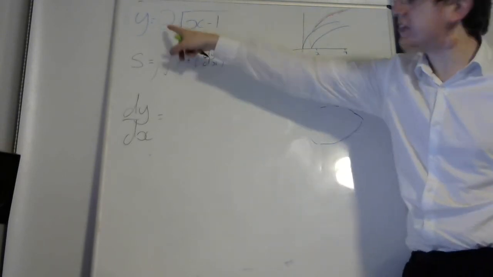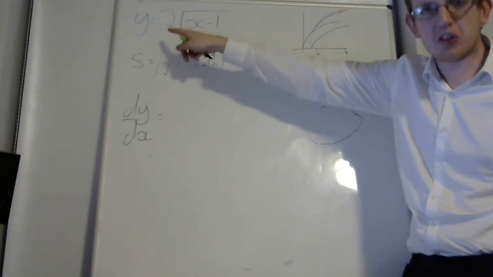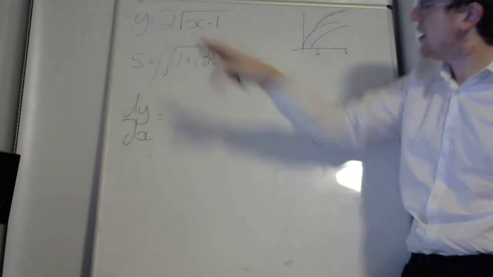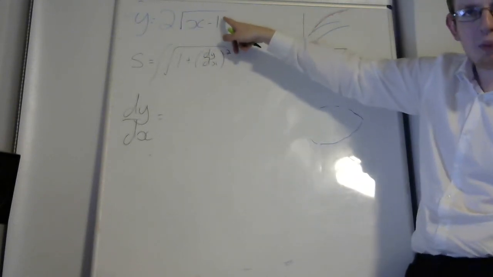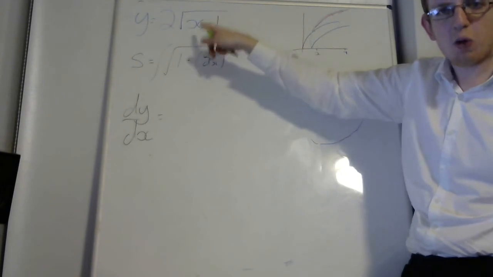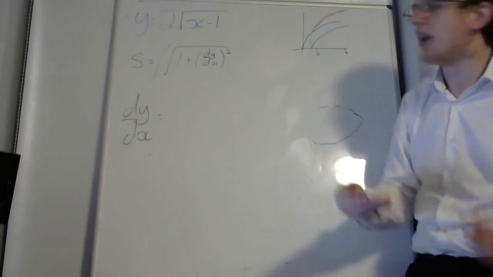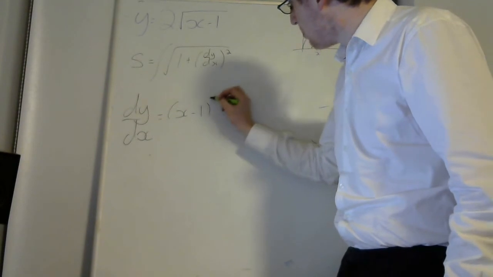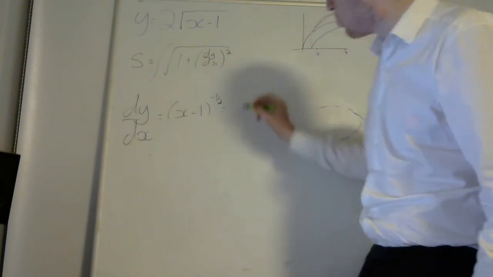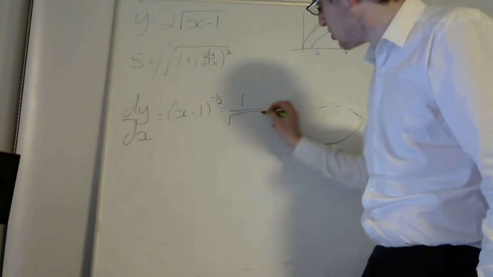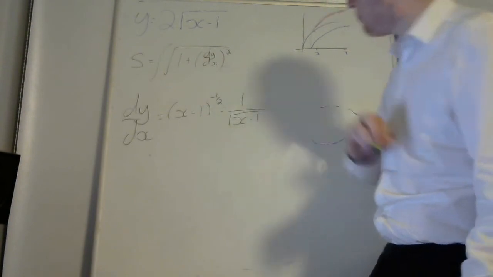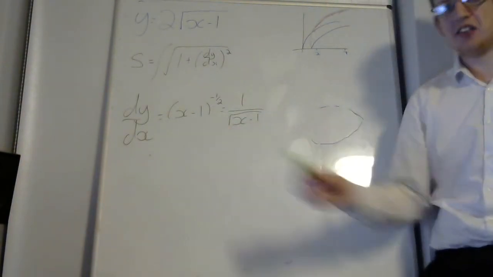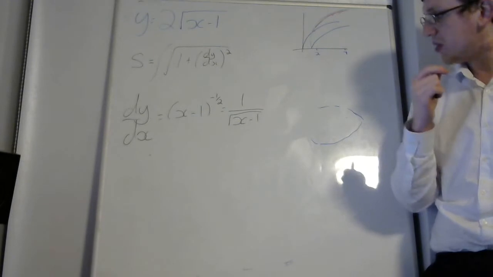We bring the half down, that's going to multiply with the 2 and cancel it out, giving you 1. Then we decrease the power by 1, so that power that was a half is now minus a half. So dy by dx is x minus 1 to the minus a half. A nicer way to write that is 1 over the square root of x minus 1. Negative powers, you take them to the bottom of the fraction and make them positive powers.